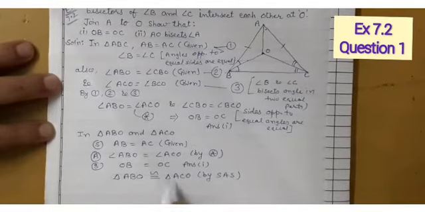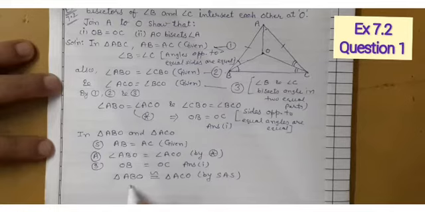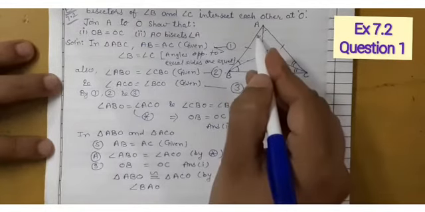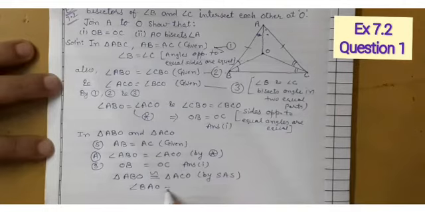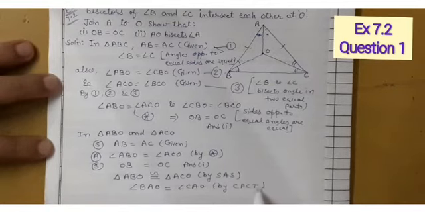If both are congruent, then angle BAO is equal to angle CAO by CPCT. What is the meaning of CPCT?